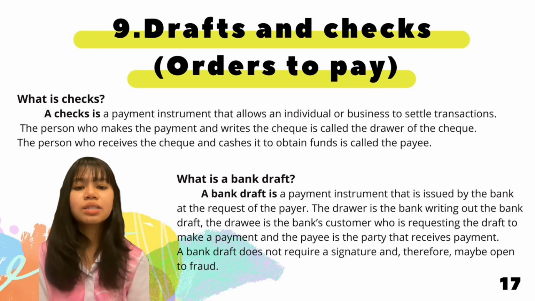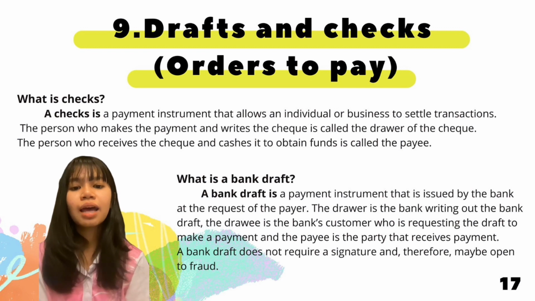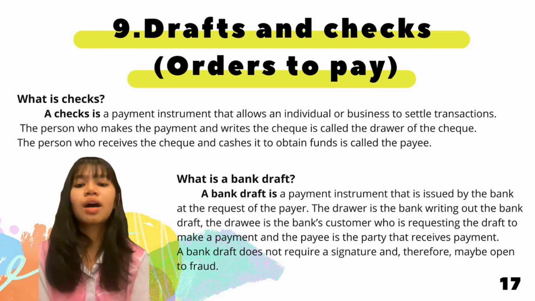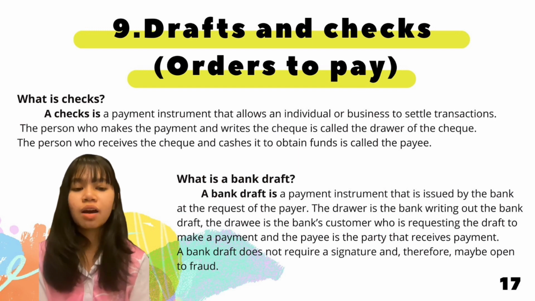The drawer is the bank writing out the bank draft. The drawee is the bank customer who is requiring the draft to make a payment, and the payee is the party that receives payment. A bank draft does not require a signature and therefore may be open to forgery.